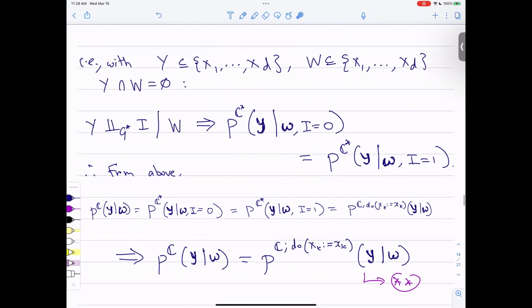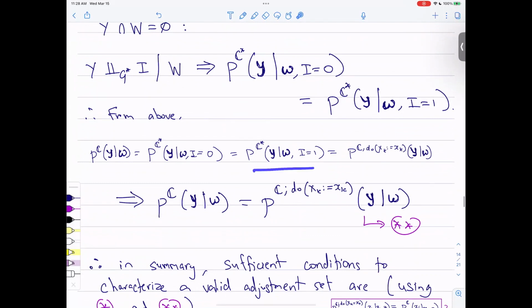From I equal to 1, I can go to C do Y given W. So what we have proved is that if Y and I are d-separated given W, that implies that the conditional distribution of Y and W are exactly the same in the original and the new universe. This is what we are looking for in all the adjustments.